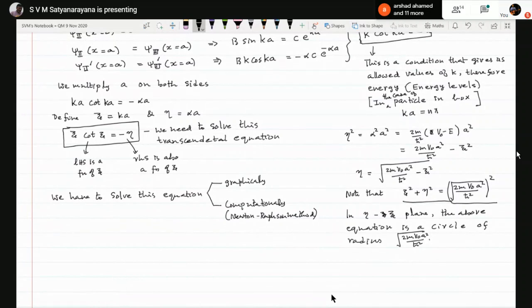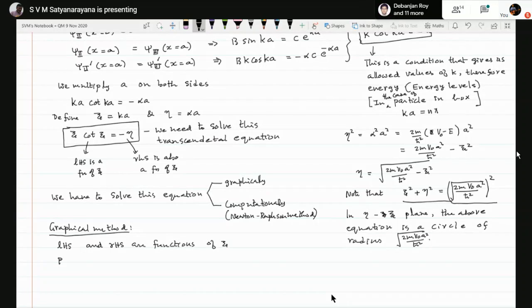So essentially the graphical method is the following. LHS and RHS are functions of xi.